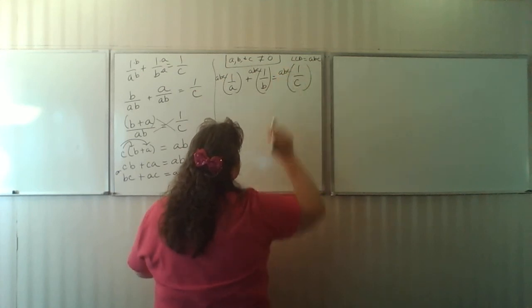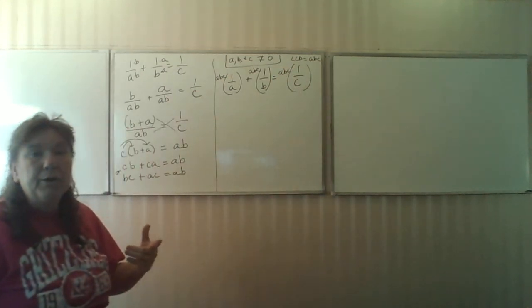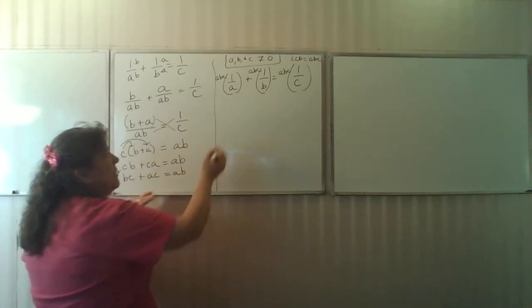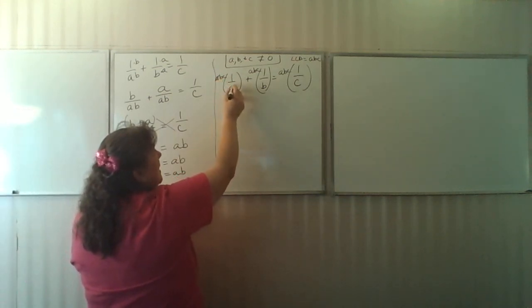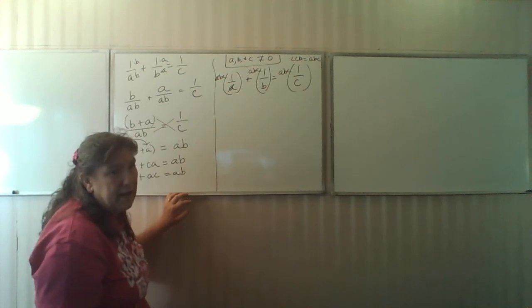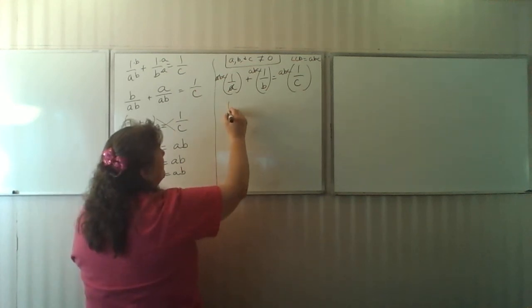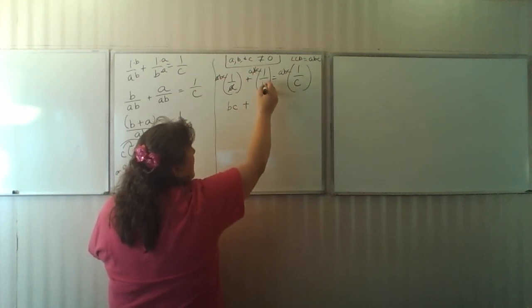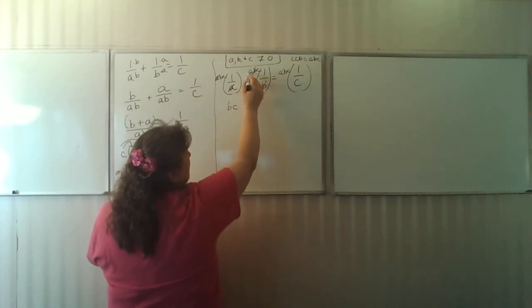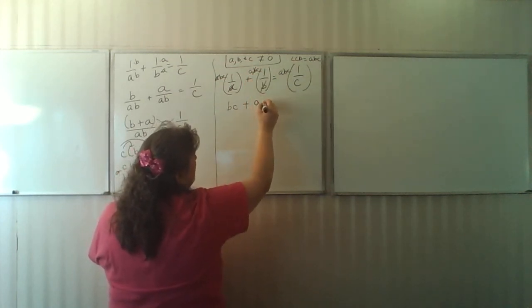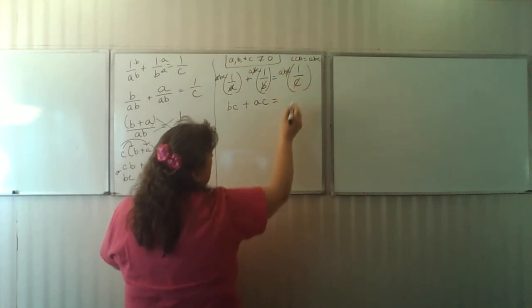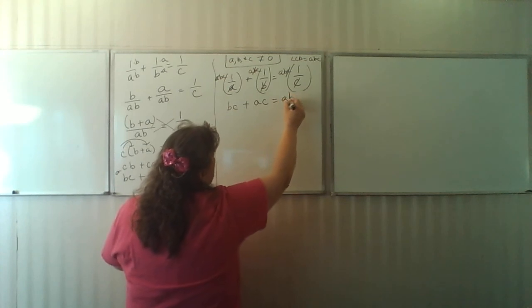And notice those are in the numerator, because they're actually over 1, even though I don't write it. And notice, A divided by A cancels out that A and makes 1, and I'm left with BC, plus B divided by B is 1, and I'm left with A times C times 1, which is AC. Here, my C cancels out my C, and I'm left with AB.